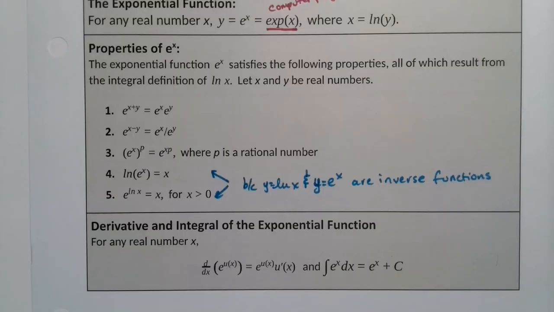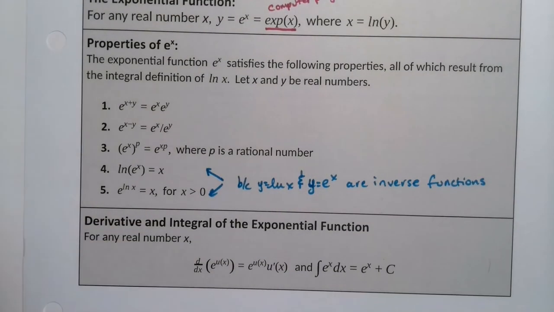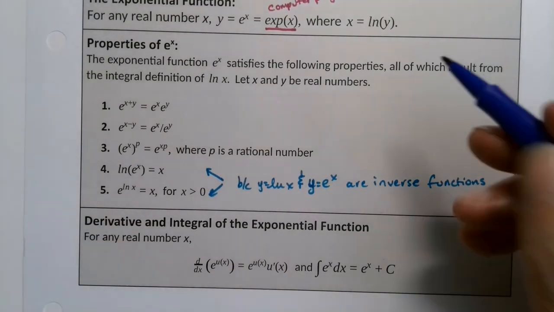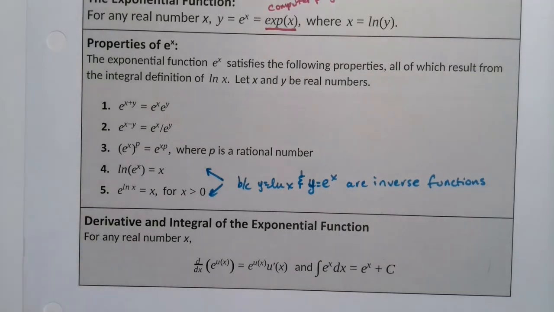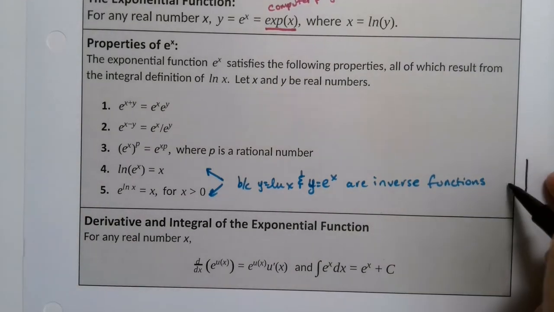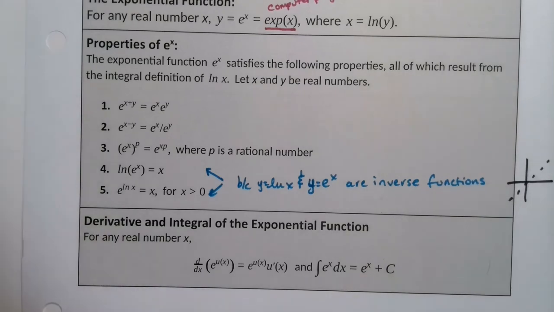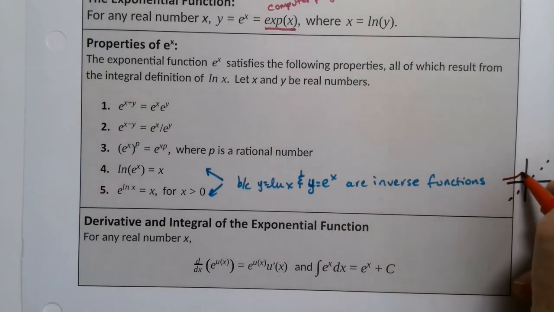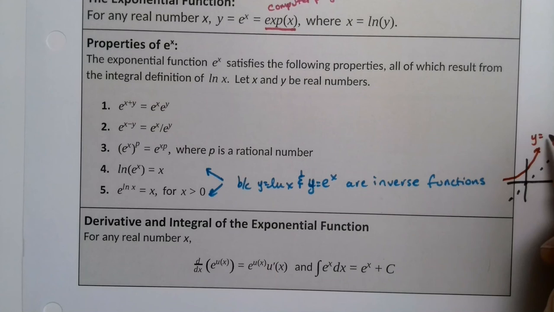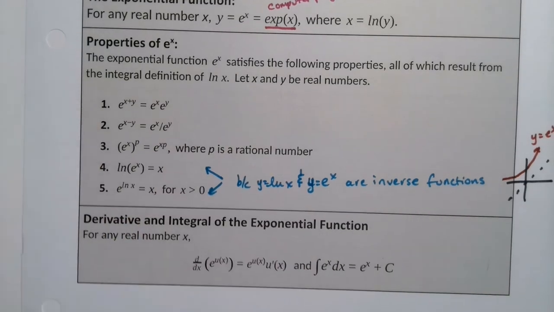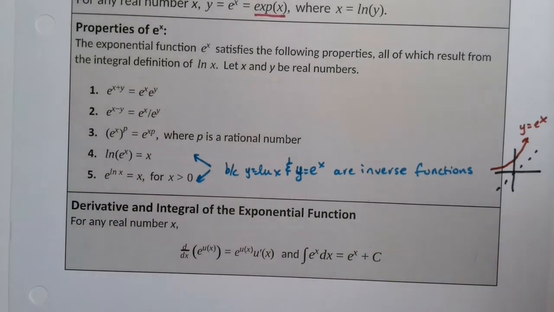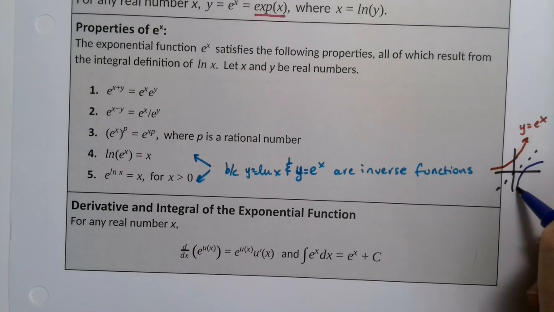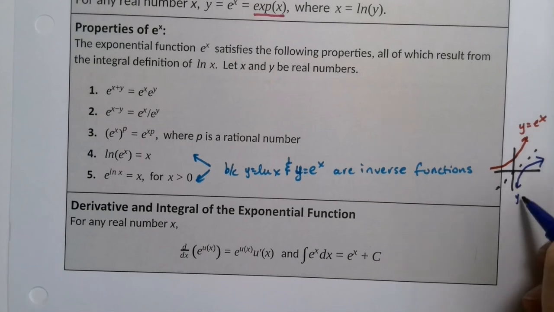Right? Matter of fact, I can even draw that really quickly. So I'm looking for my black pen, dotted line here. So if I have y equals e to the x right here, and then I have its compatriot, y equals the natural log of x.